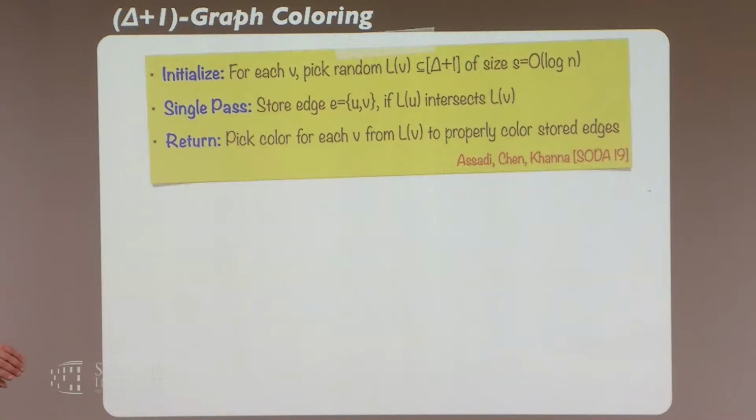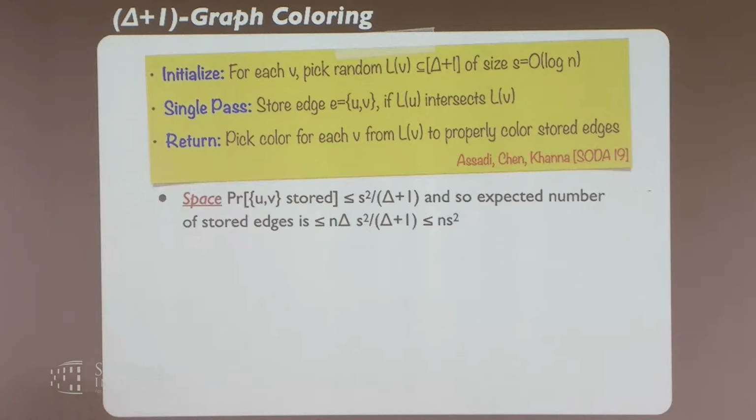Fortunately, I was going to talk about Sepehr's really nice palette sparsification algorithm, but he talked about it yesterday. And fortunately, because I'm 1 minute over time, that was his really nice algorithm. The space analysis of this algorithm is pretty easy to analyze.